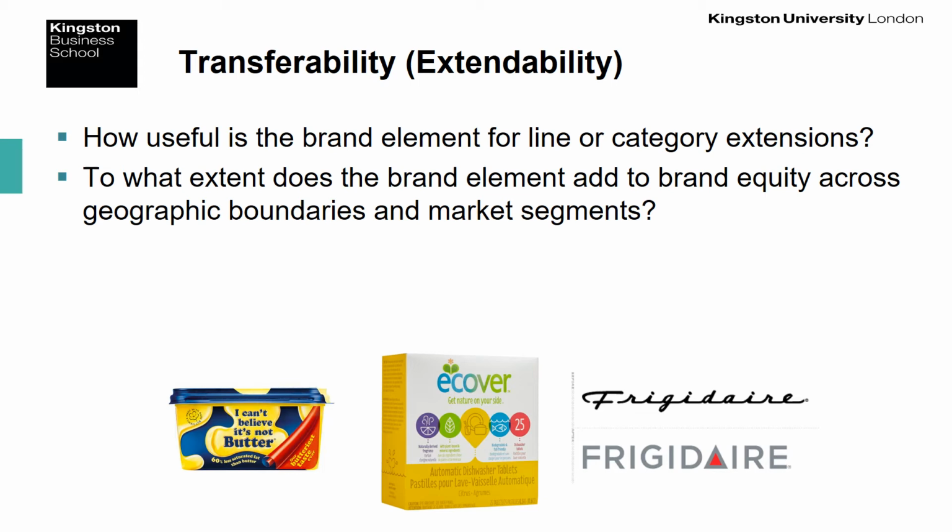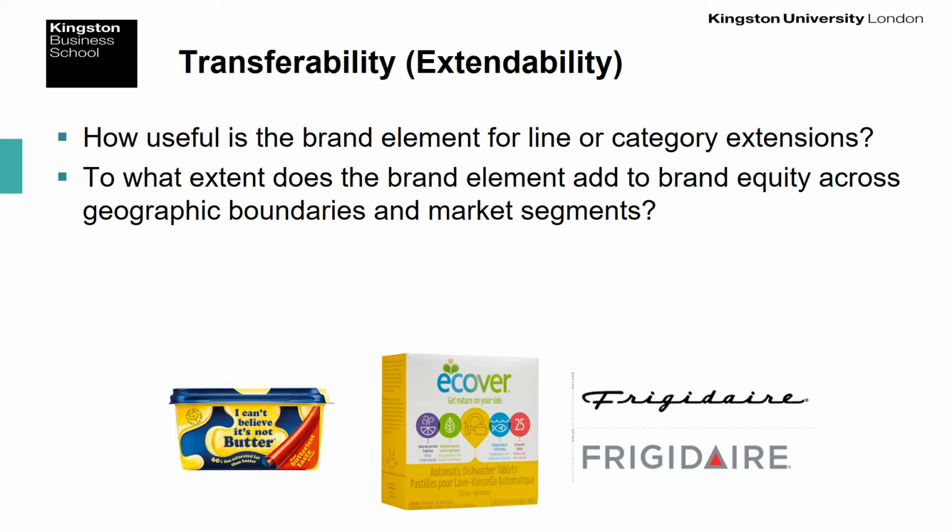And so they changed their name from United Aircraft to United Technologies. And suddenly many transfer possibilities became open to them. So transferability really is about the extent to which a brand element allows for brand equity across different geographical boundaries, different market segments, different product categories.